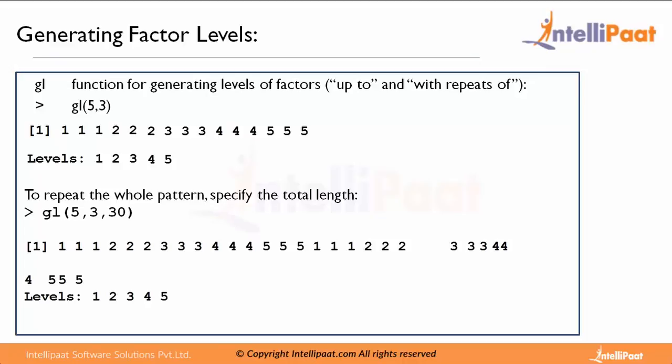That is, it starts from 1, goes till 5, again starts from 1, and goes onwards until the total number of elements is 30. It says start from 1, go till 5, repeating every element 3 times, till the total length of elements is 30. So that's the meaning of this program.